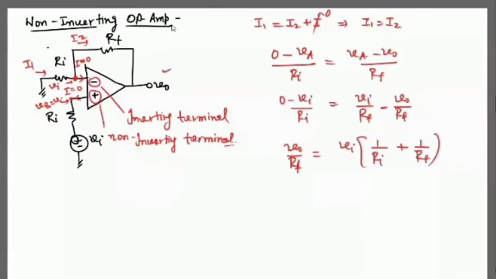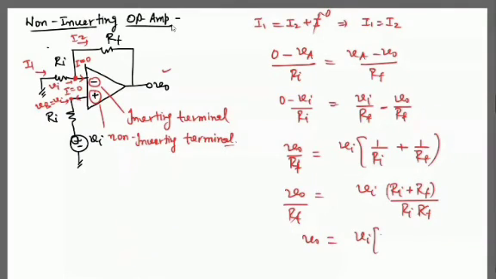So here you will find the final expression: Vi over Rf equals Ri plus Rf over Ri Rf. Rf will be cancelled out, so V naught will be equal to Vi times 1 plus Rf over Ri.